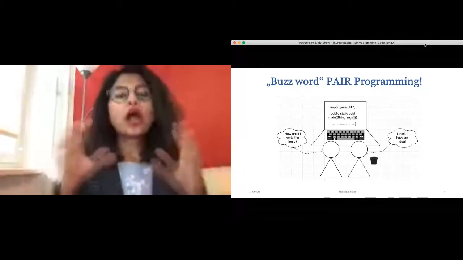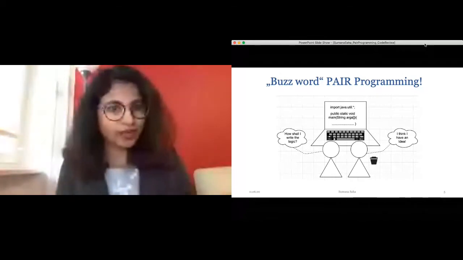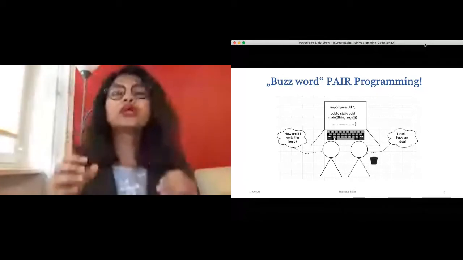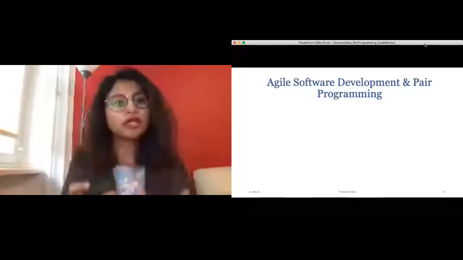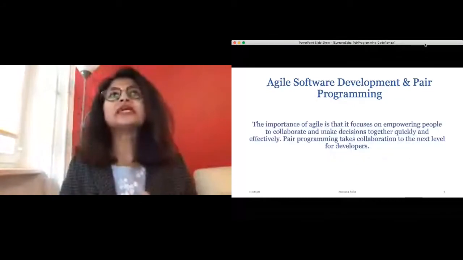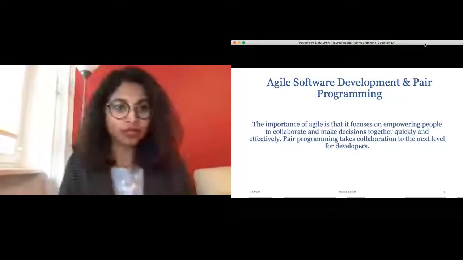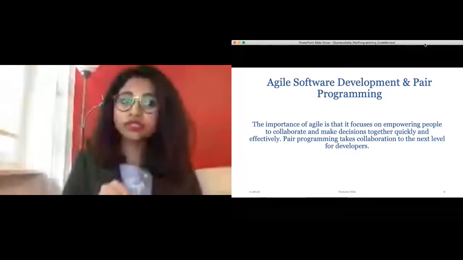Now, how does pair programming work in agile software development practice? When you look at the definition, pair programming is an agile programming technique. And what agile tells you is to collaborate with people, break the problem into smaller chunks and work closely together on that.